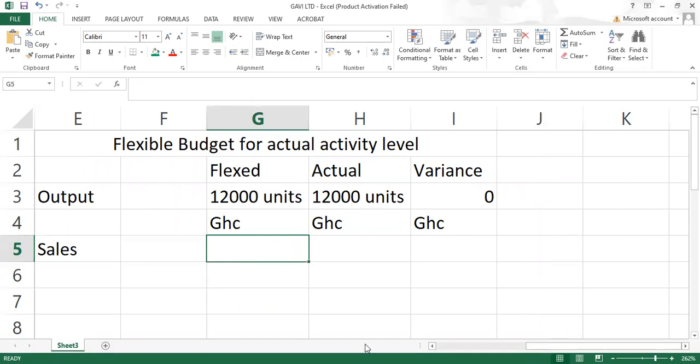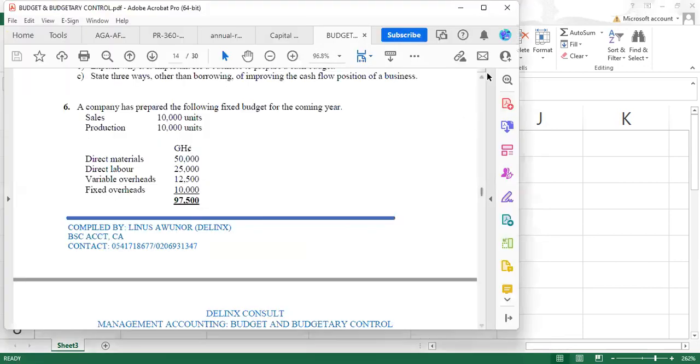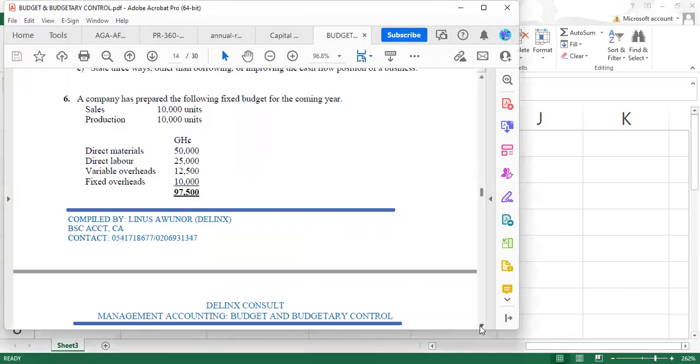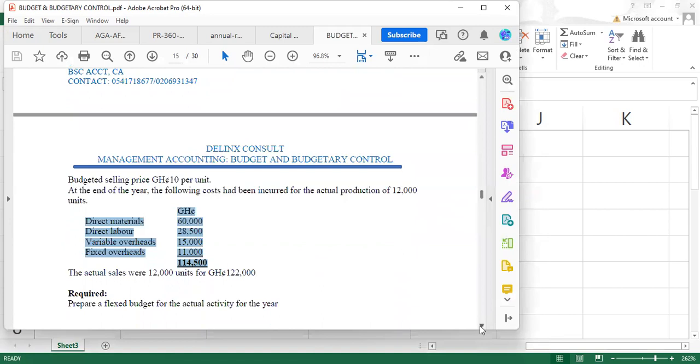Sales. How many units were sold? Let's see the question. What was the actual unit sold? 12,000. You wanted to sell 12,000, no?